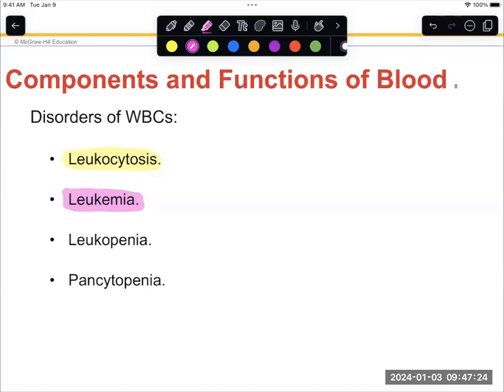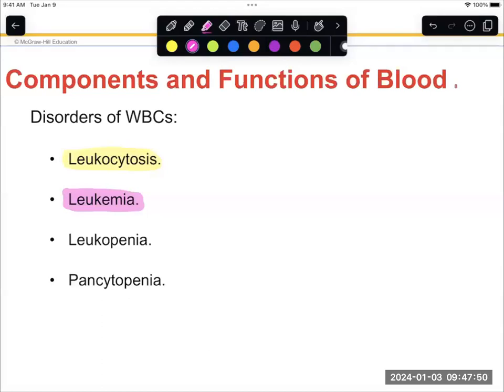If we have a decrease in red blood cells, it can leave the body vulnerable to more infections. There are two different kinds of leukemia that we're going to talk about at least.